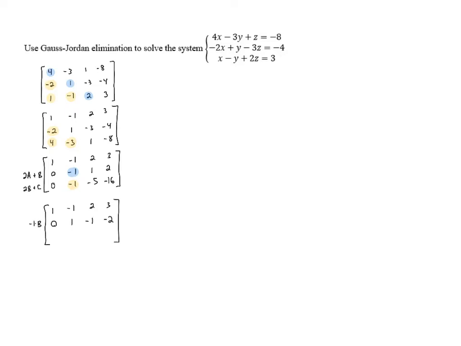The way that we can do this is by taking row B minus row C, because -1 minus -1 is 0. So the row operation we'll do is B minus C. Here, 0 minus 0 gives us 0. In the next column, 1 minus -5 is the same as 1 plus 5, which is 6. And 2 minus -16 is the same as 2 plus 16, which is 18.